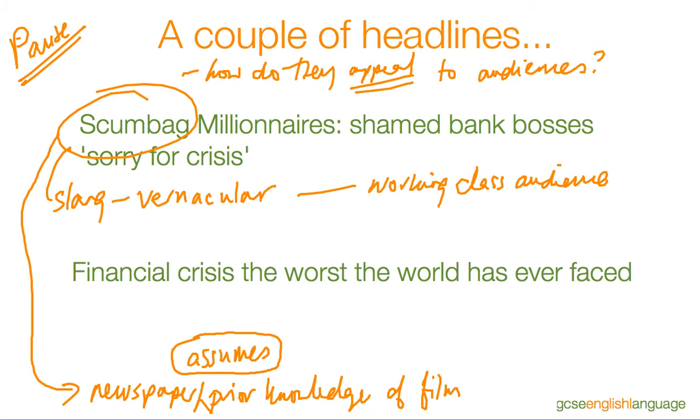If you look at the similar story, very, very different headline: financial crisis, the worst the world has ever faced. There's something much more formal about this. Financial crisis, there's that kind of formal tone. We'll come on to tone in a bit more detail later. There's a bit of alliteration, the worst the world.